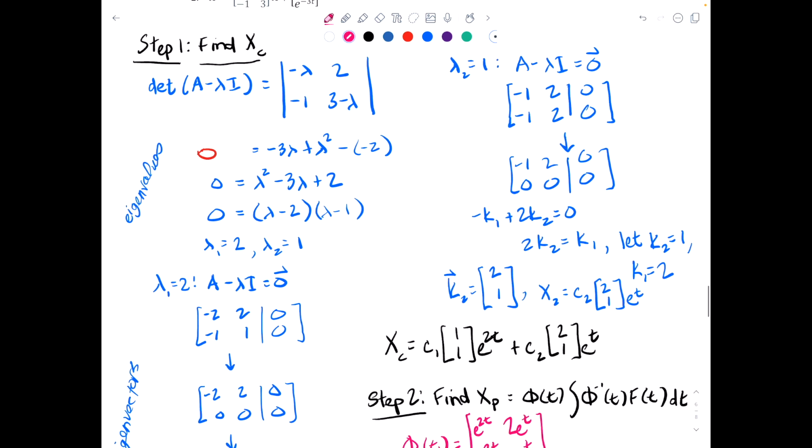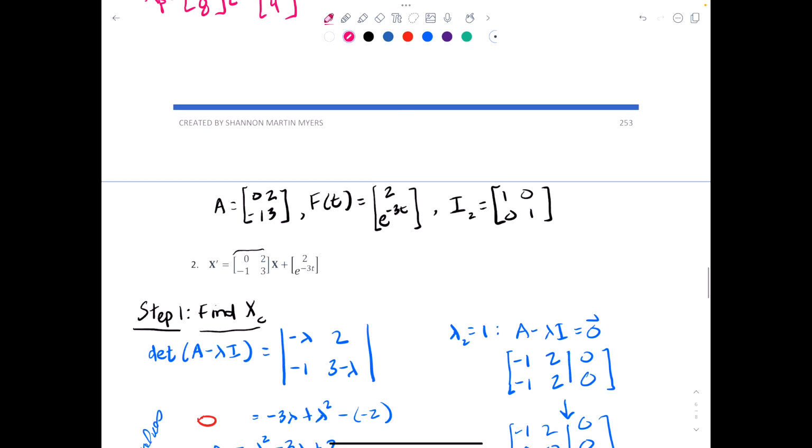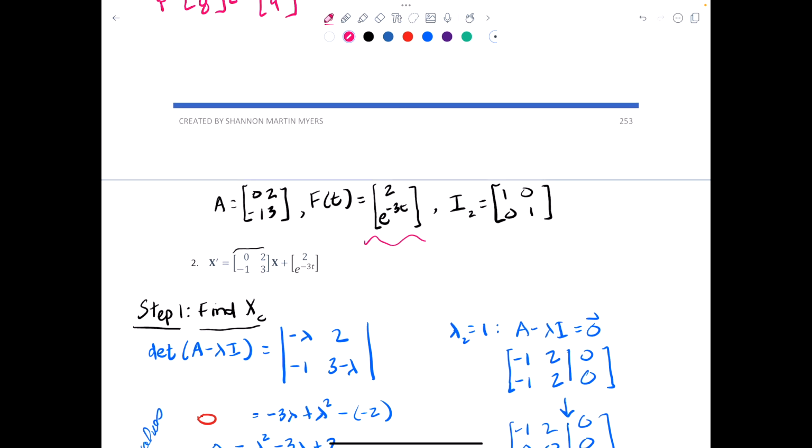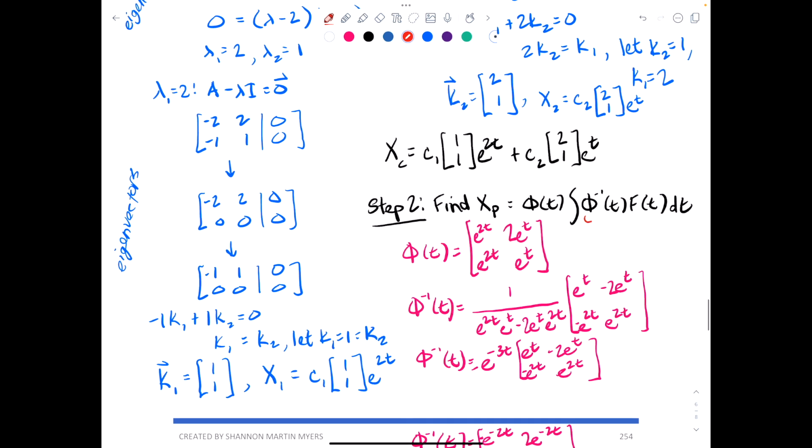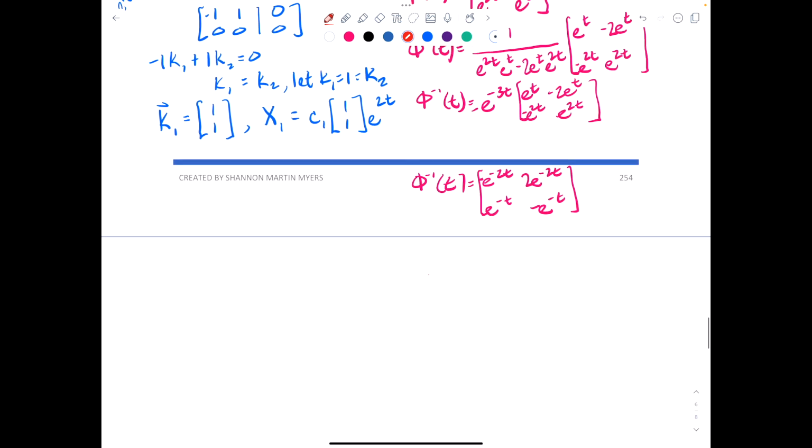Now f at t, remember, was up here. So if we go ahead and find the product, because remember we need this product inside, we'll find that now.